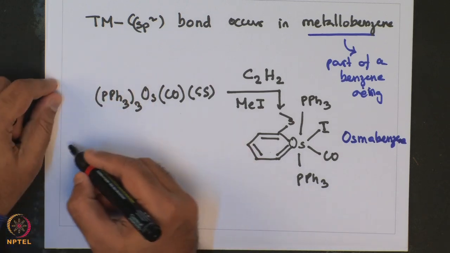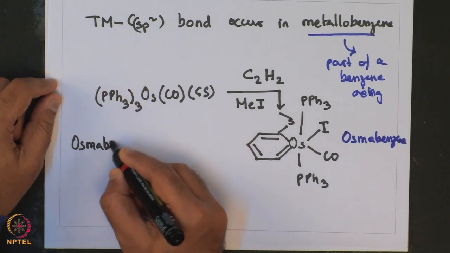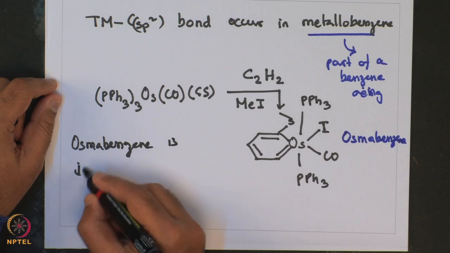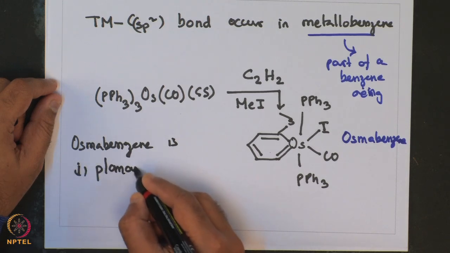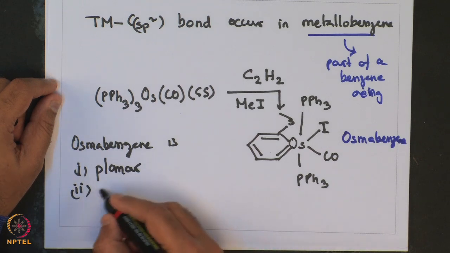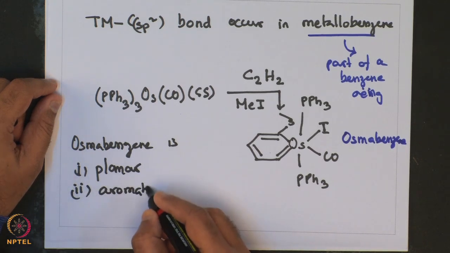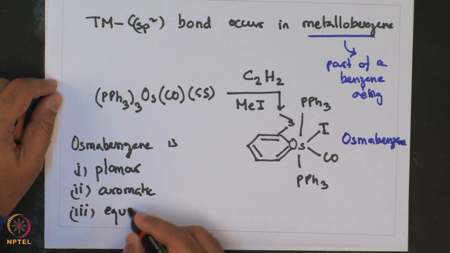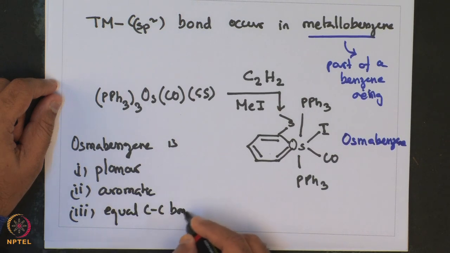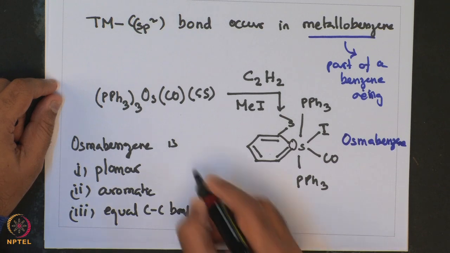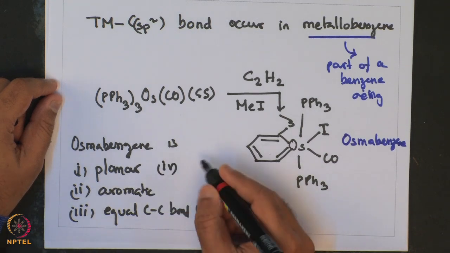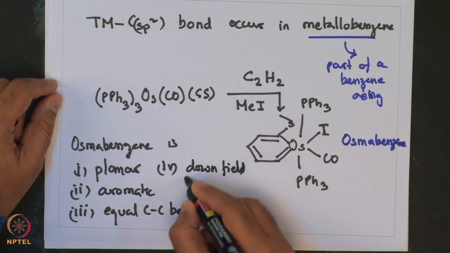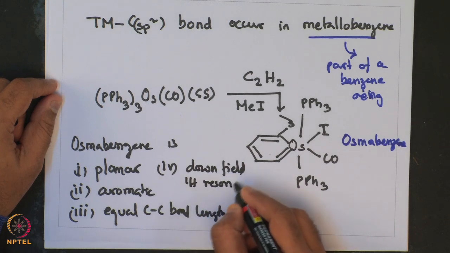So, osmabenzene is planar, aromatic, exhibits equal carbon-carbon bond length, and shows a downfield signal in proton NMR, 1H resonance.